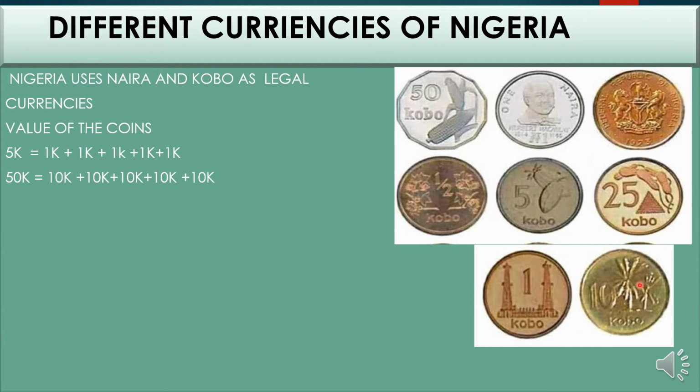That's 10 kobo plus 10 kobo plus 10 kobo plus 10 kobo plus 10 kobo will give us 50 kobo. Boys and girls, are we following? If you are not following, please ask questions. All right. Let's continue.